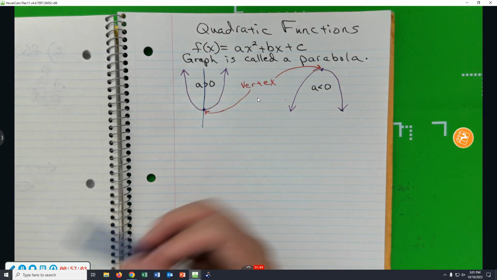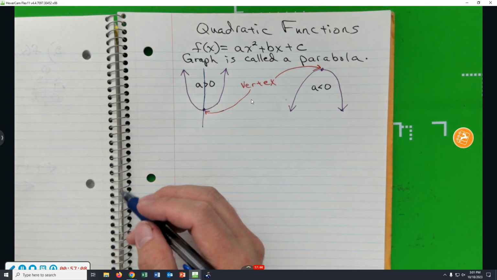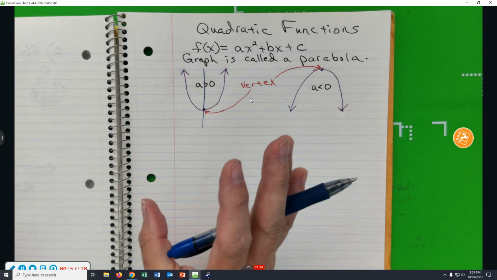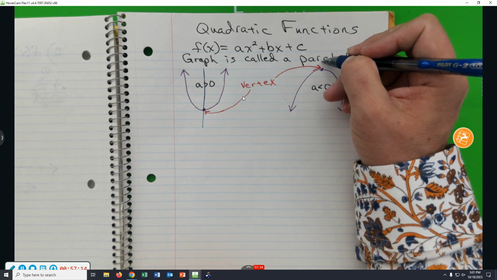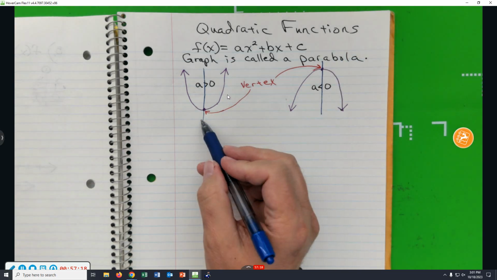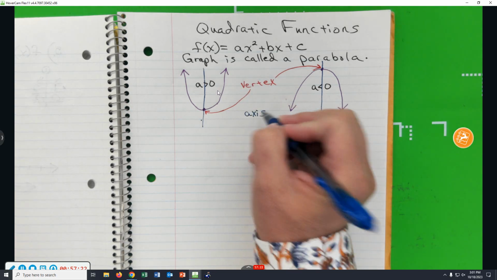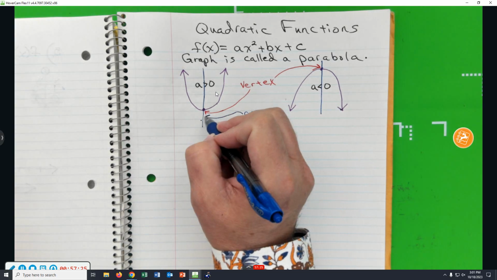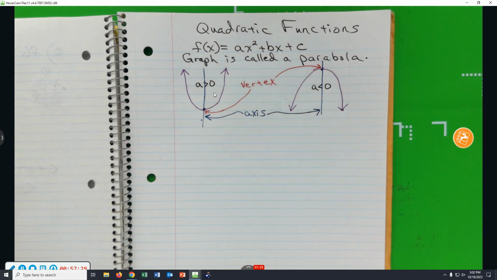With human error, these don't really look symmetric, they don't look like mirror images, but when you're drawing it using the MyLab, you'll be able to tell that symmetry. It'll be very nice. And there's the axis. So this imaginary line is the axis.